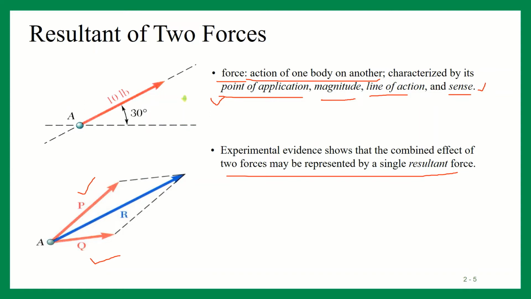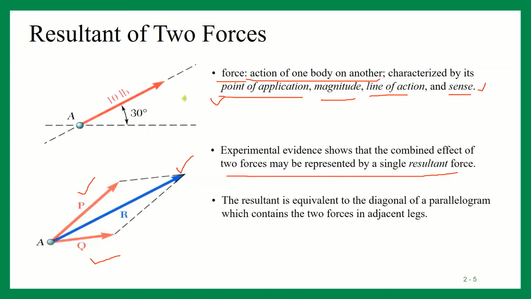From experiments you can verify that if a body has multiple forces acting on it, and you apply a resultant force equivalent to all the forces, then the effect will remain the same. Means the effect produced by P and Q is the same as the effect produced by R.